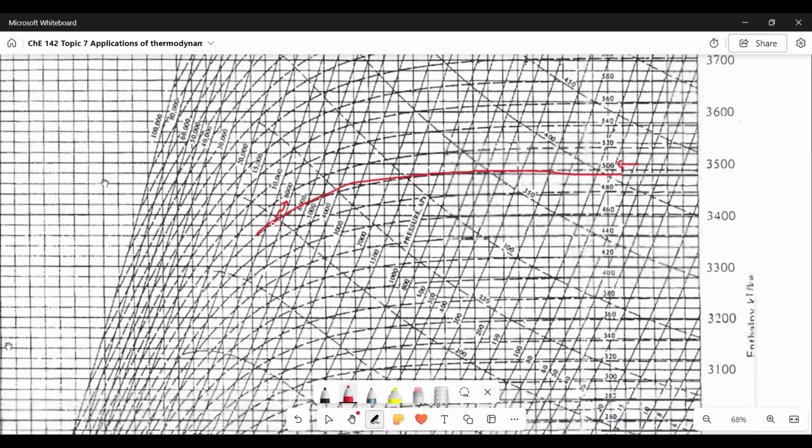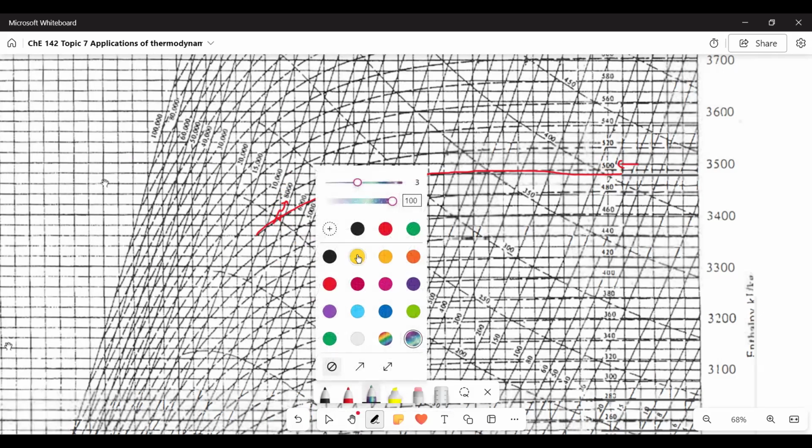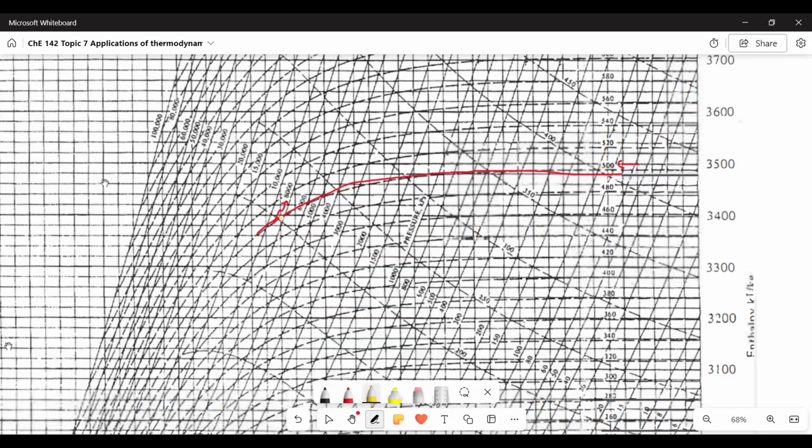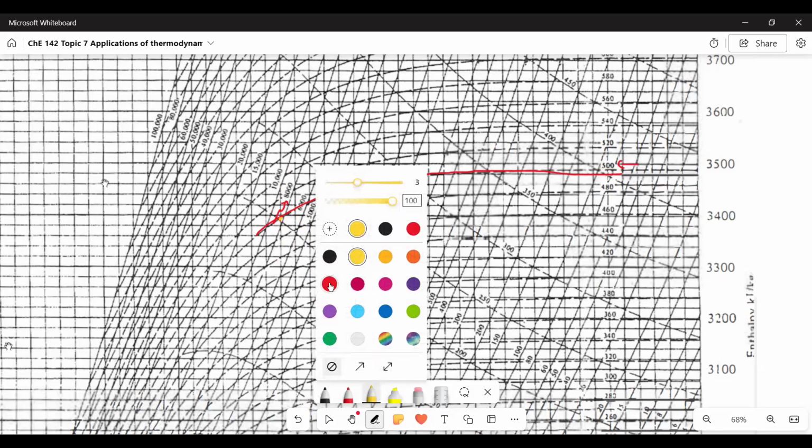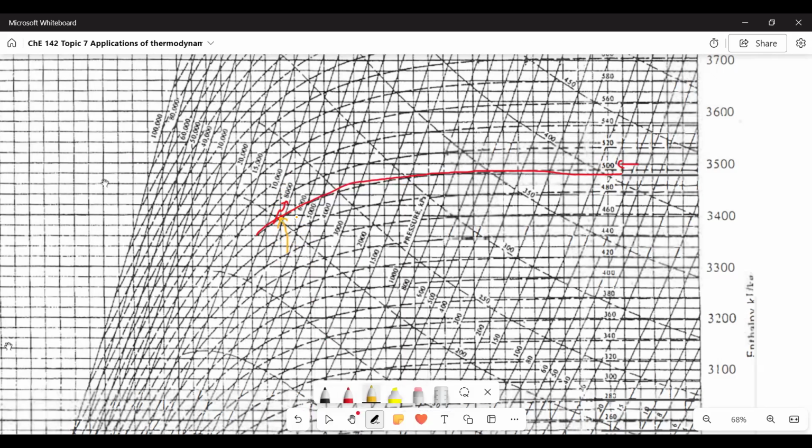So half of that, so it's approximately this point. Let's try yellow or orange. That point, state one. It's not visible, so let's try red. State one.